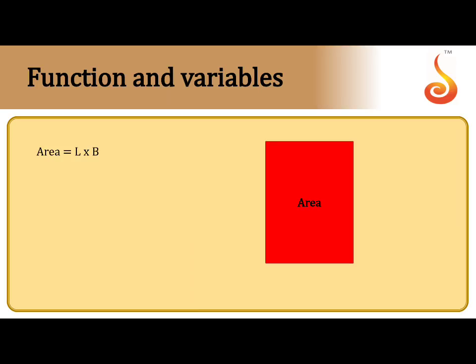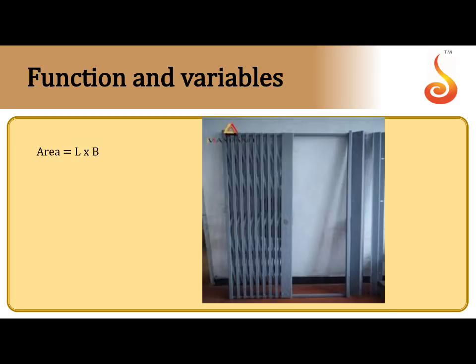the area of a rectangle. Now the present area A1 is equal to length into breadth. I call the breadth B1. This is length, this is breadth. For example, let us take a collapsible gate. This is the breadth, this is the length.